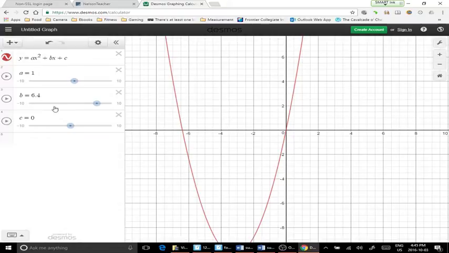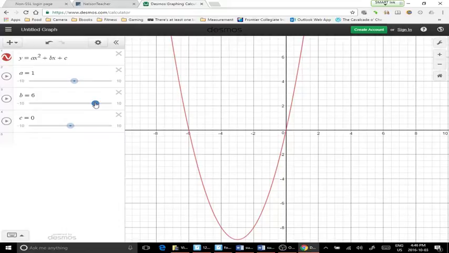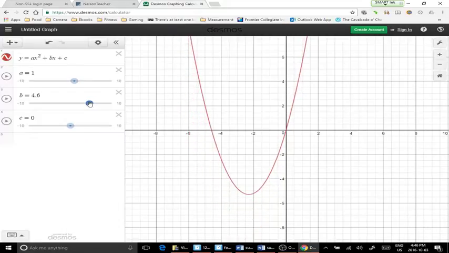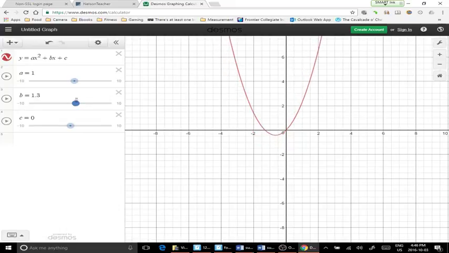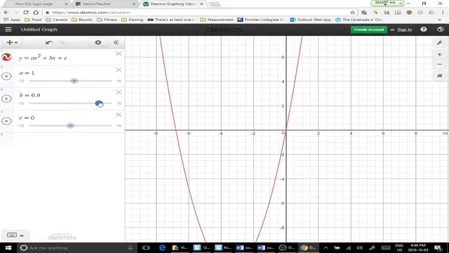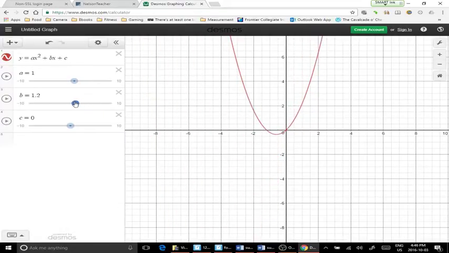Now, what if we make it smaller? If we make it smaller, the graph moves right and up. But that is only true when B is positive.